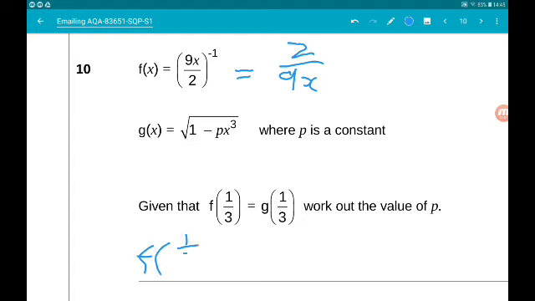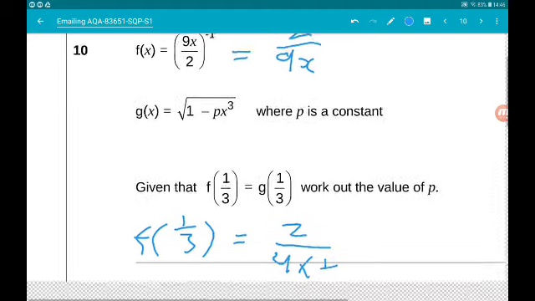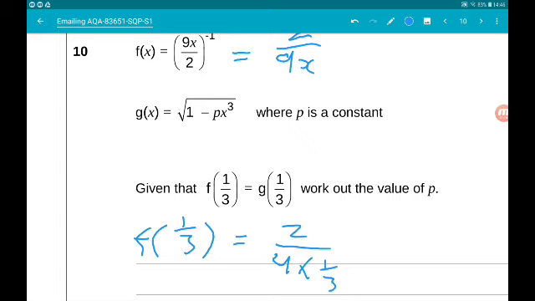Now f of 1/3 is 2 over 9 times a third. 9 times a third is 3, so this is 2/3.